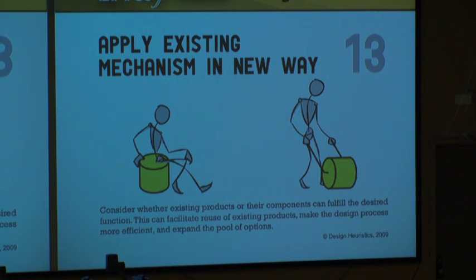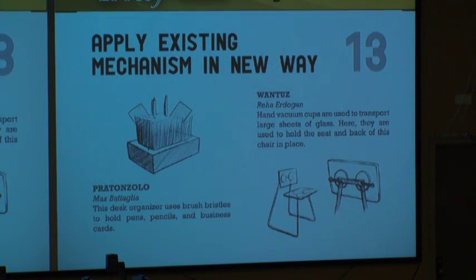What they do then is they present the general idea of what it is. So this would be that you apply an existing mechanism in a new way, which is a general strategy. And then they show how this has actually been done in practice. So I find the cards very effective at helping elicit a lot of new ideas.